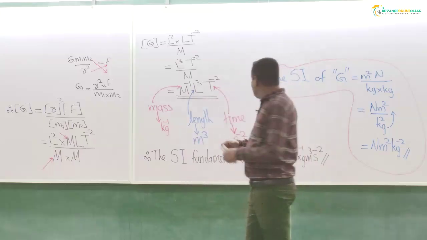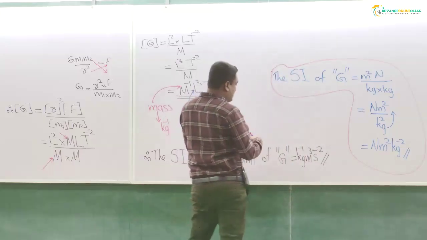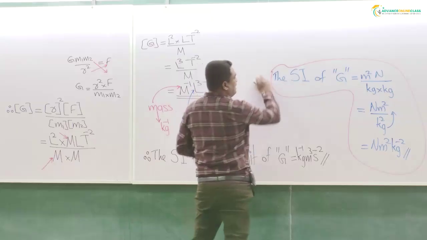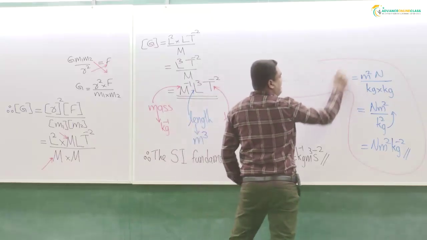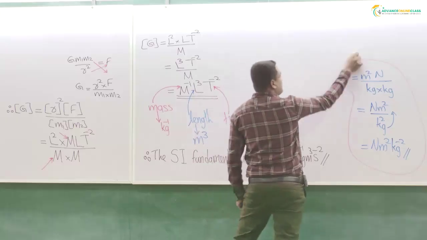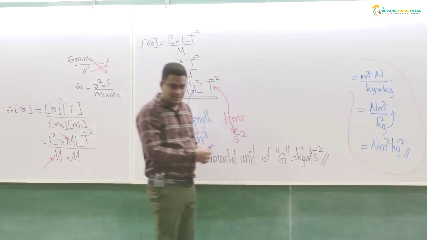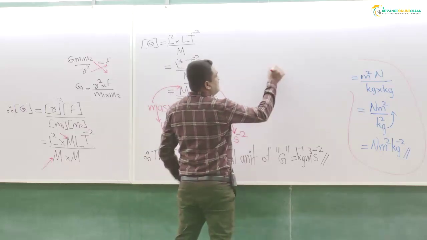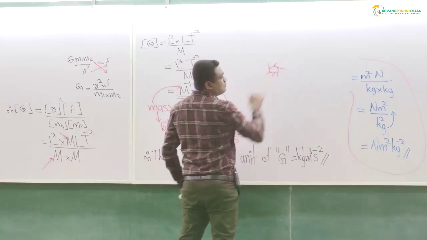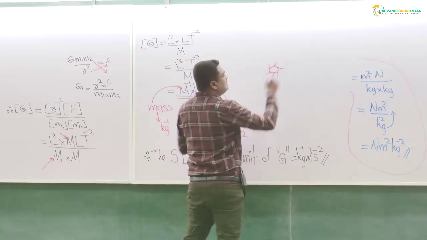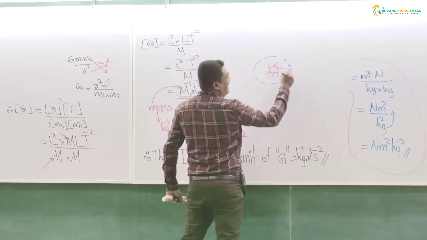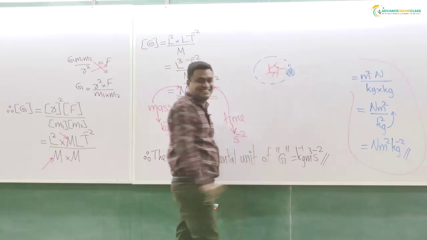If a planet is very close to a star, you cannot apply Newton's law of gravity. For example, what is the nearest planet to the sun? Mercury. The nearest planet to the sun is Mercury. After that, who is Venus?